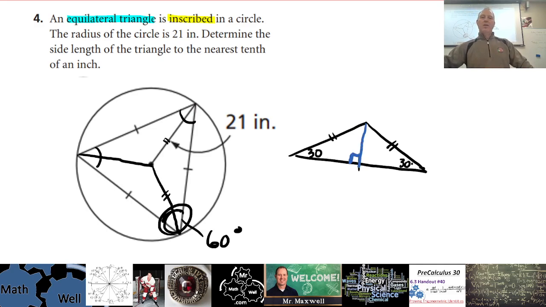And so if I know that this is a right triangle and I know that this is 30 degrees, I can solve for a lot of things, can't I? Now, do I know any other lengths though? Oh, I know 21, which is right here, right?